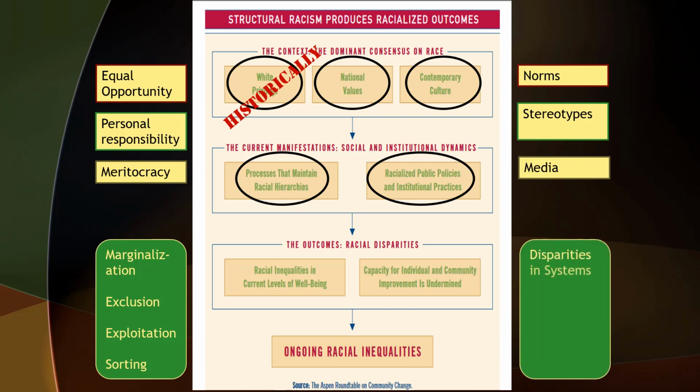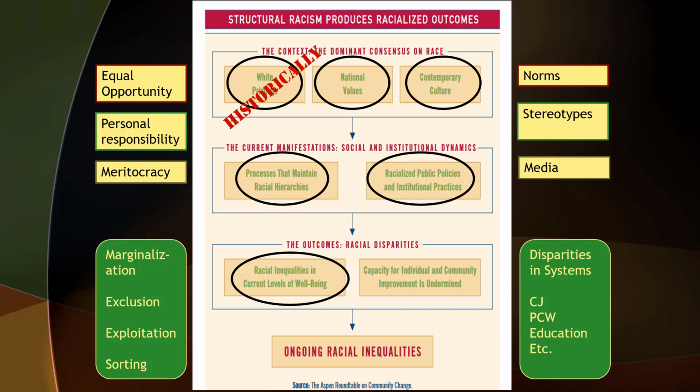So all of those disparities in systems like the criminal justice system, the public child welfare system, the education system, housing, etc. And then all of these lead to racial disparities, such as inequalities in current levels of well-being.